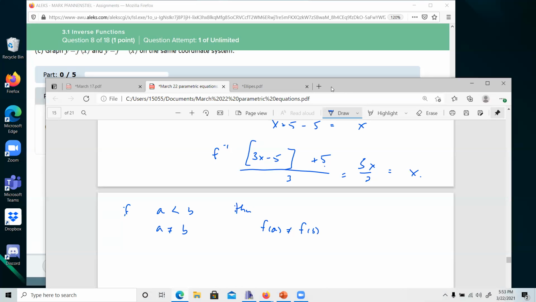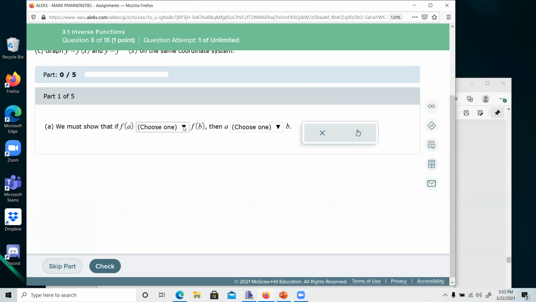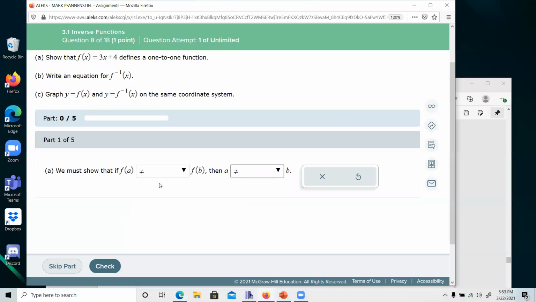That is, the y values are different for different values of x. That's all they're saying. So if a is not equal to b, then f of a is not equal to f of b.